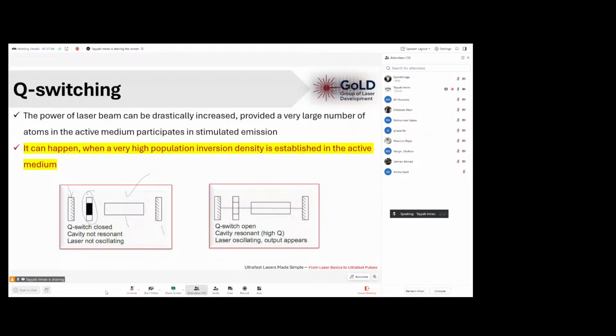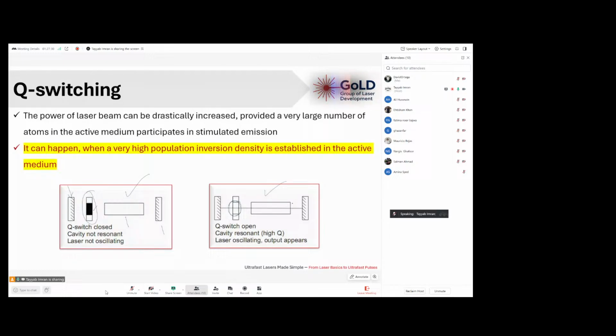This switch, an electro-optic switch, we call it a Q switch. Here it shows that it's blocked, closed. On the other side, it shows that it is open.